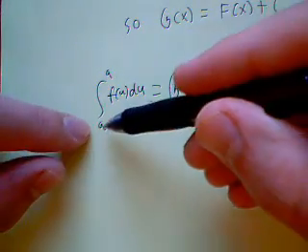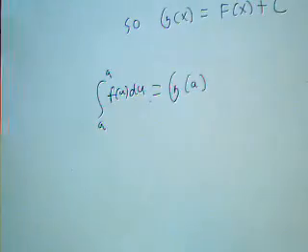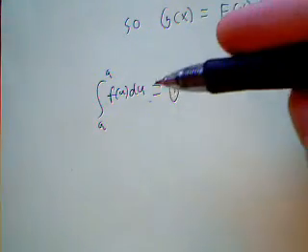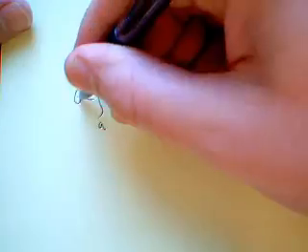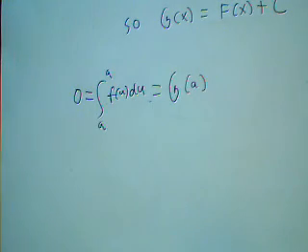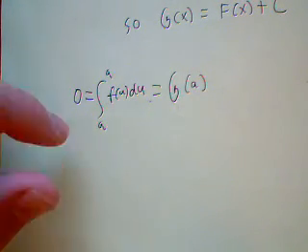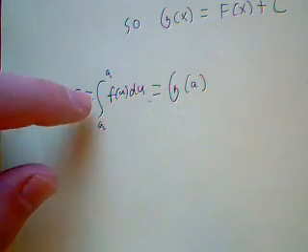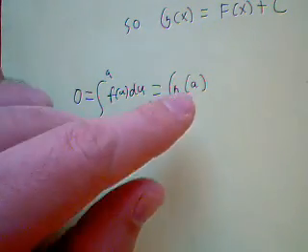If you take an integral from something to itself, you're integrating over an interval that has no length. You're integrating on a point. So that has 0. There's no area under the curve at a point. And that's something we should know. So that's g of a.